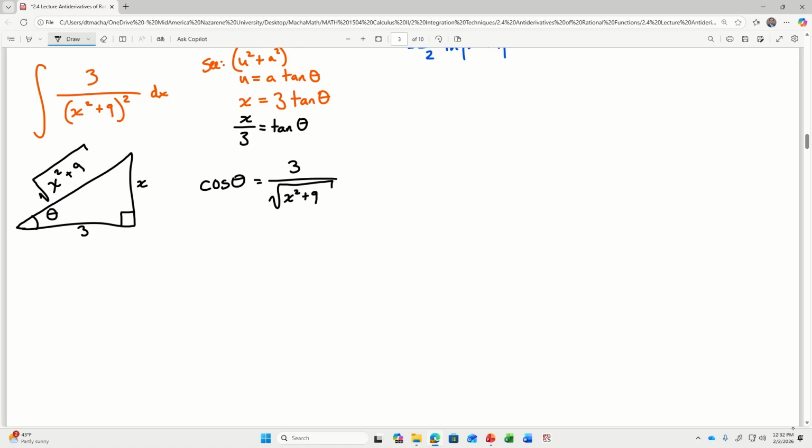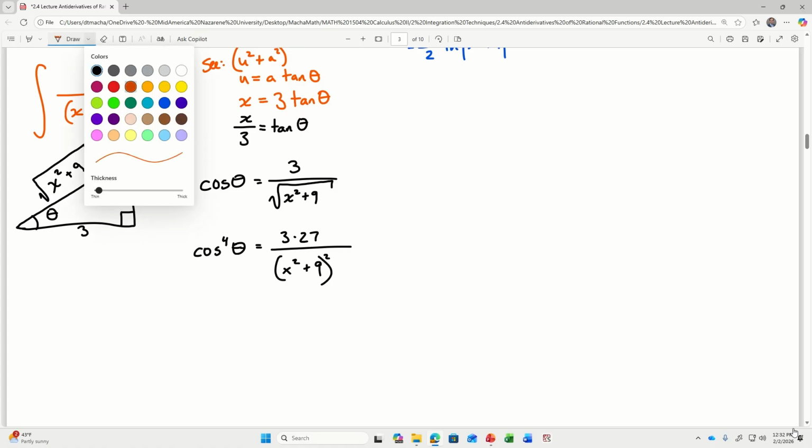But I don't have 3 divided by square root of x squared plus 9. I've got 3 divided by (x squared plus 9) squared. And so I should raise both sides of this equation to the 4th power. What's 3 to the 4th power? It's 3 times 27. Yeah, 81.